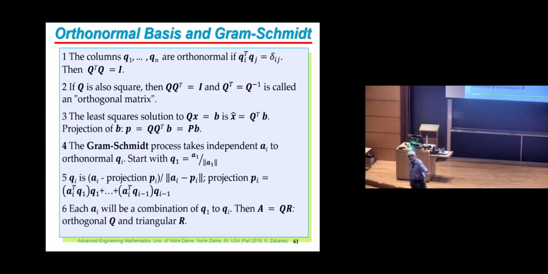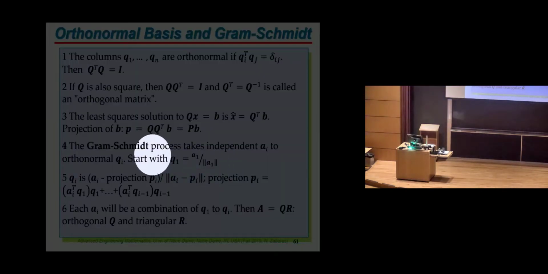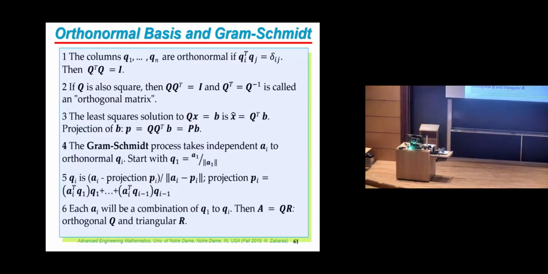Do you see that? So the idea here is you remove the components parallel to the previous vectors, all right? And then you normalize, and this is what is called the Gram-Schmidt orthogonalization process. Extremely fundamental to everything in mathematics, okay?